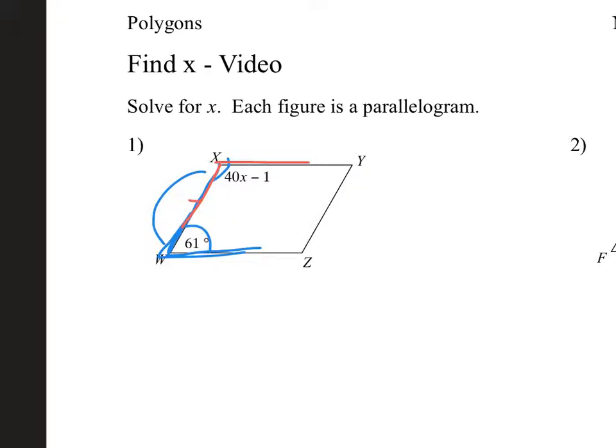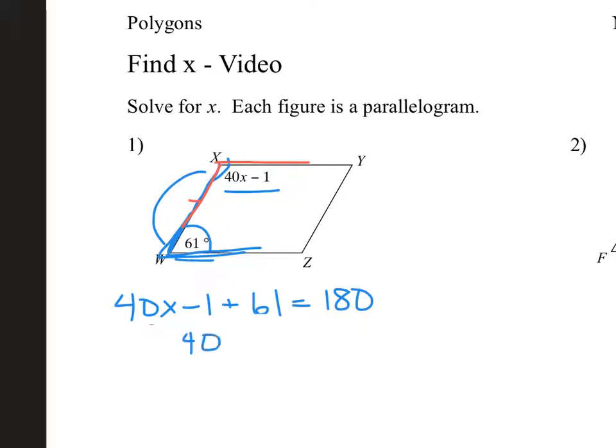So if they share a side, the two angles add up to 180. So we simply take this and this, add them together, and then set them equal to 180. That's it, and then we just solve the equation.